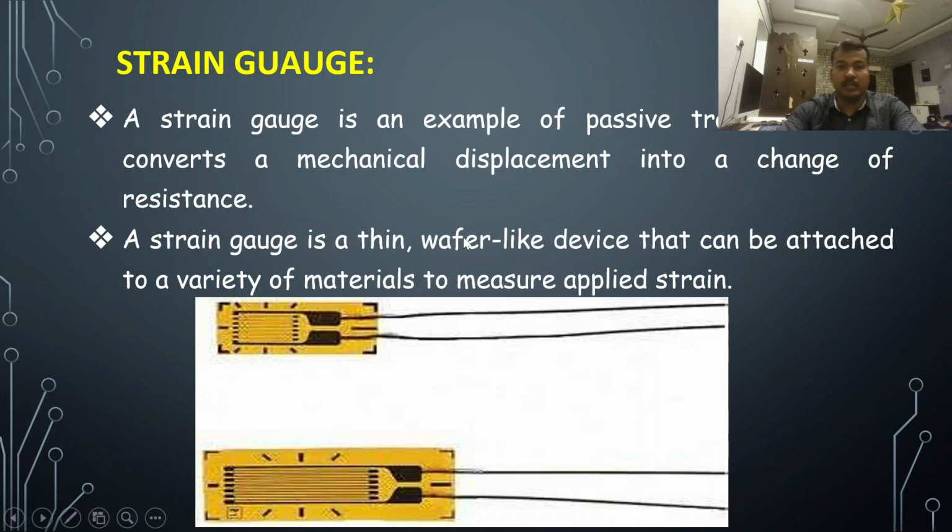So a strain gauge is a thin wafer-like device that can be attached to a variety of materials to measure applied strain. It is just a simple transducer which can be helpful in measuring the displacement or change in surface of a body.